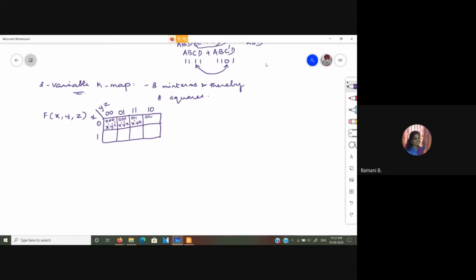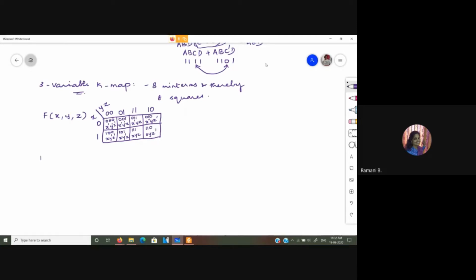This corresponds to minterm M2, x bar, y, z bar. This corresponds to 1, 0, 0, x, y bar, z bar. This is 1, 0, 1, x, y bar, z. This is 1, 1, 1, so x, y, z. This is 1, 1, 0, x, y, z bar.